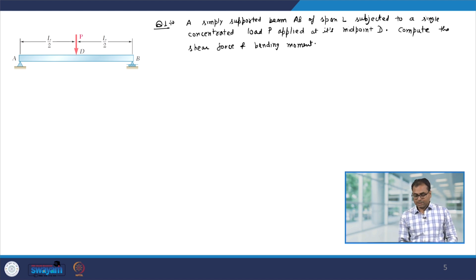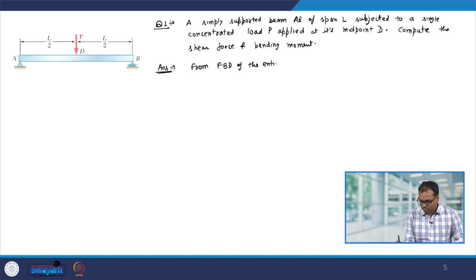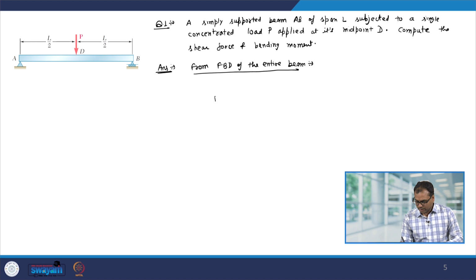So, first let us look at the free body diagram of the entire beam so that we can find out the reaction forces at A and B. So, let me put all the forces that are acting. At point A we have a force in the y direction.